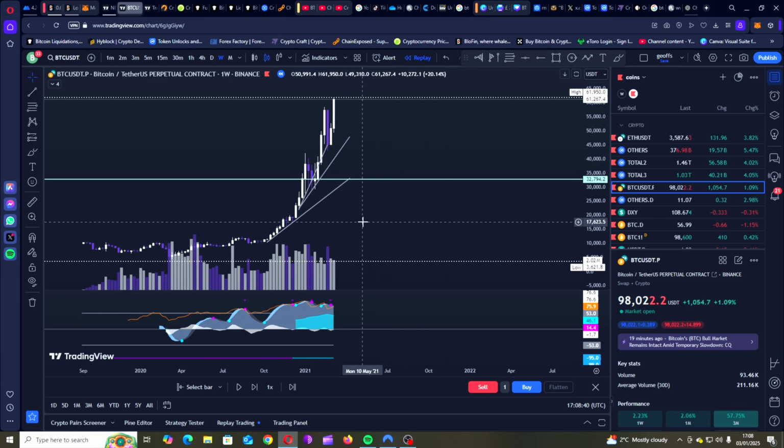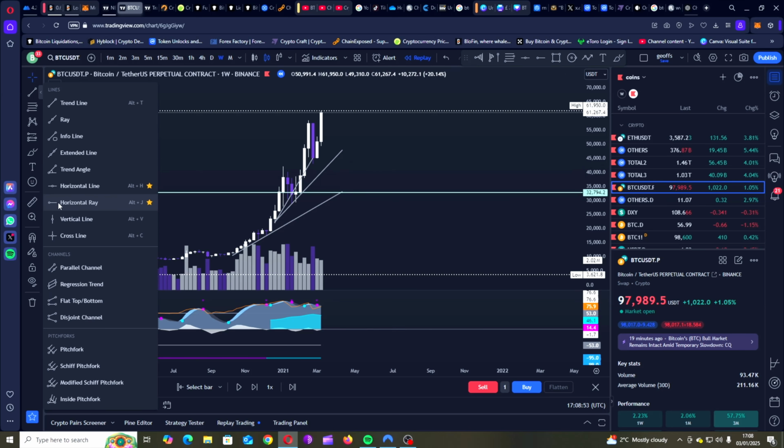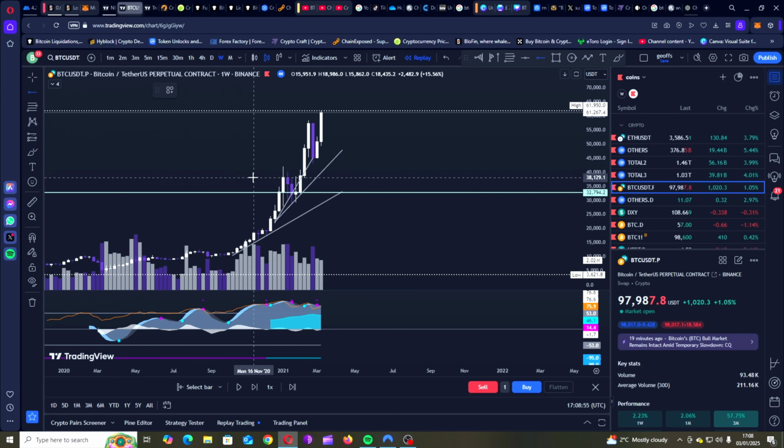So before we continue here, we can now see this zone, which was a resistance, turn into a support area. That aligned with the steep trend and the other trend. There's two trends in motion there.